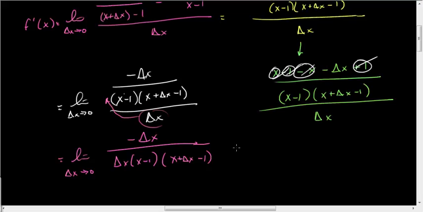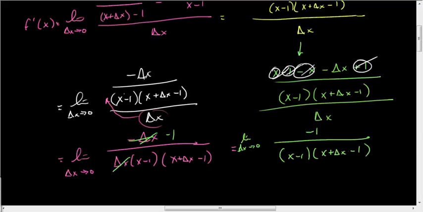So we have that is equal to, delta x's cancel. That leaves me with negative 1 up top. So that equals the limit as delta x tends to 0 of negative 1 over x minus 1 times x plus delta x minus 1.